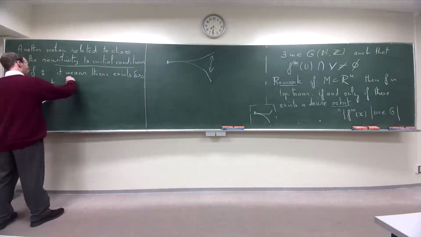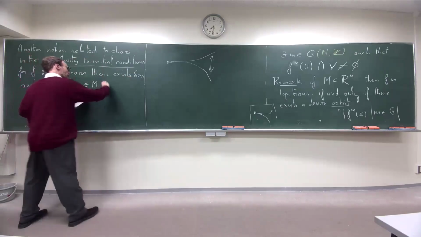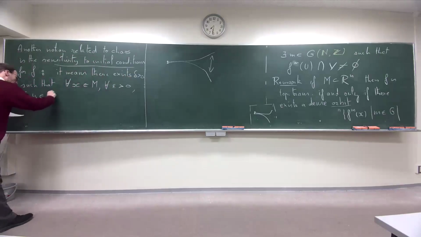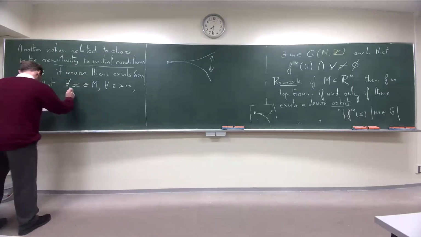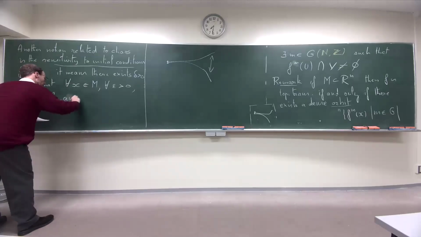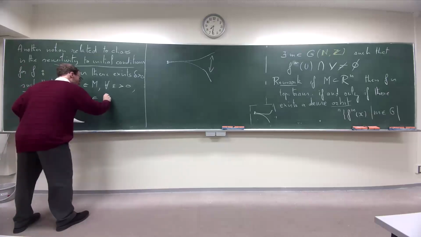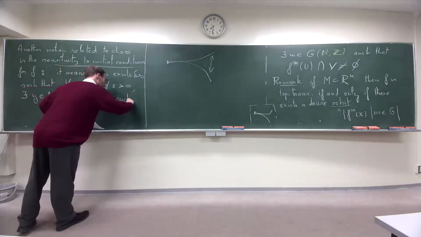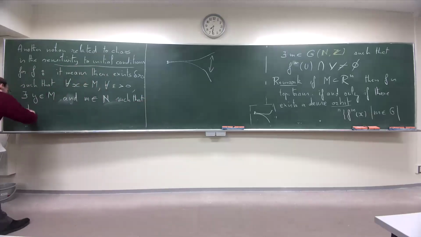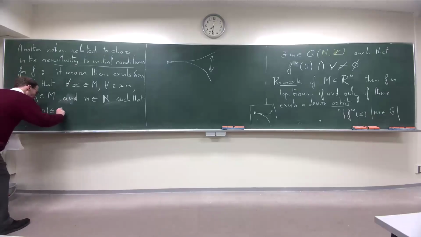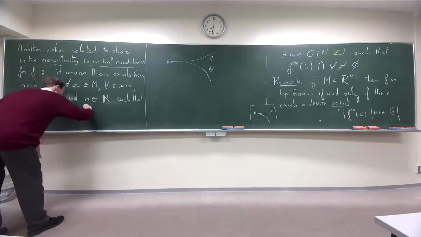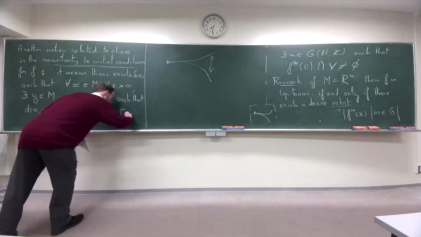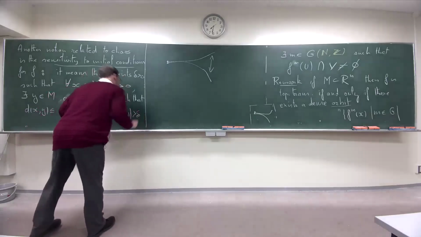Such that for any x in M and any epsilon bigger than 0, there exists a y in M, so that the distance between x and y is smaller than epsilon, and the distance of F^m(x), F^m(y) is bigger than delta.